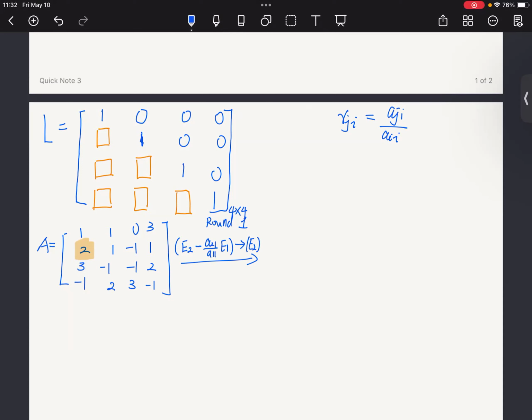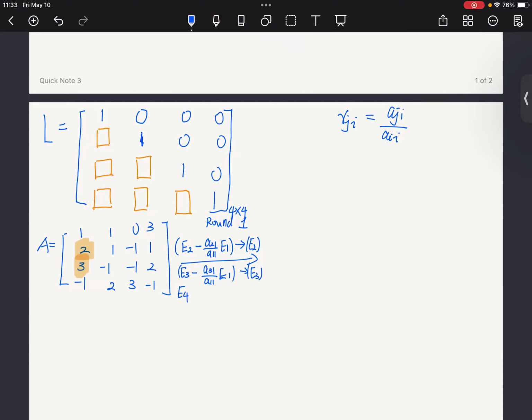We also want to eliminate this part to 0, and what we do here is row 3 subtract A_31 divided by A_11 times row 1, and then replace row 3.